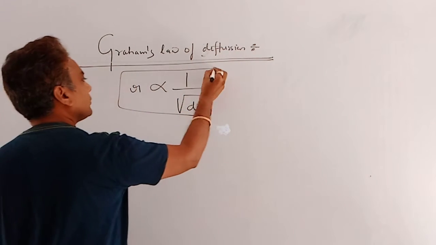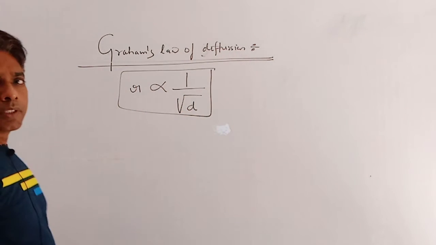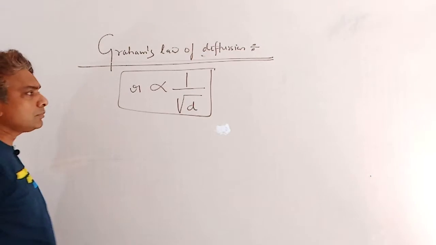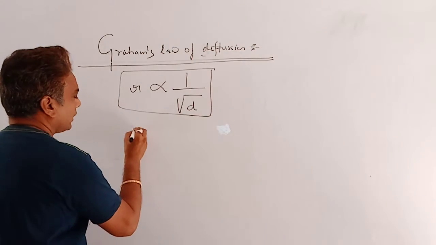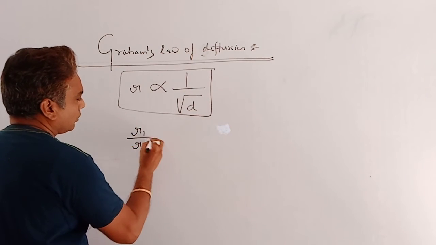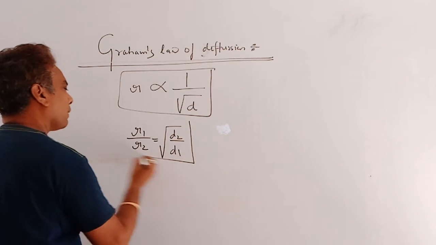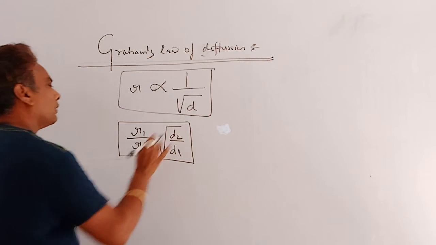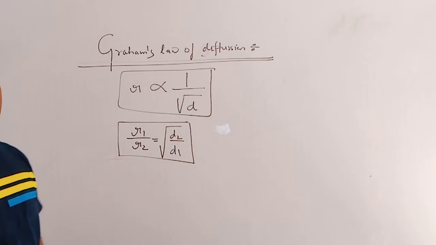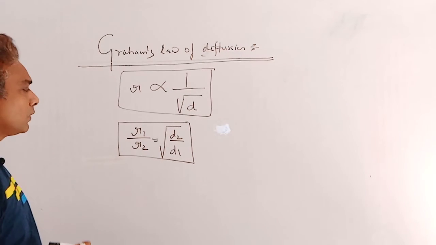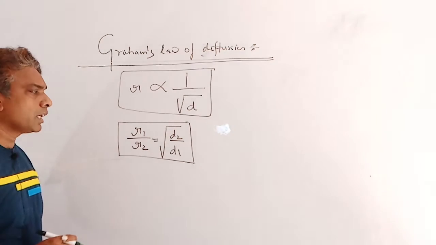Clear? So in the case of two different gases, the relation is written as R1 upon R2 is equal to under root D2 by D1, where R1 and R2 are the rates of diffusion of two different gases of densities D1 and D2.